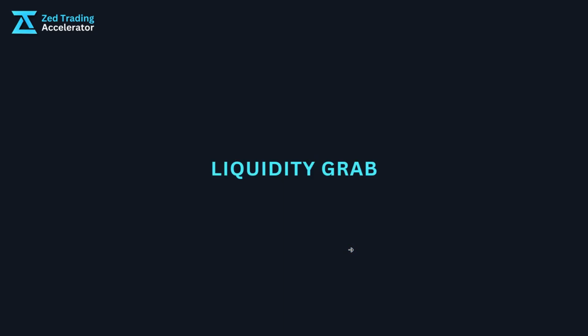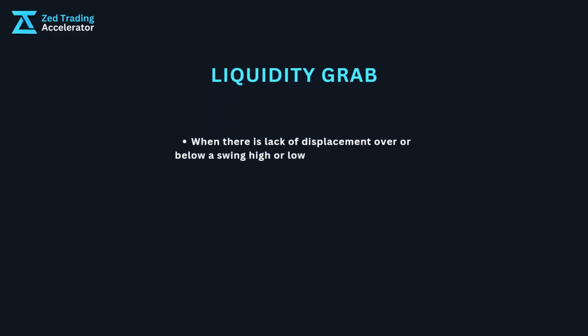Now, this is exactly how we identify a liquidity grab, right? A liquidity grab is when there is a lack of displacement over or below a swing high or low. In the last slide about market structure shift, if you remember, market structure shift is when there is a displacement over or below a swing high or low.